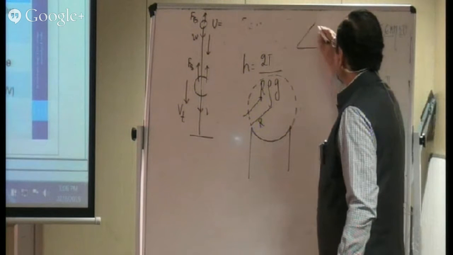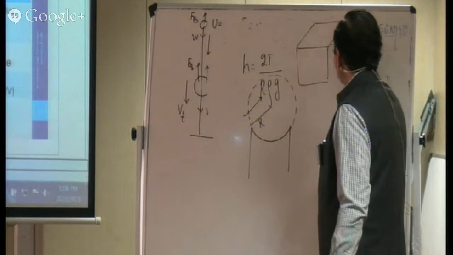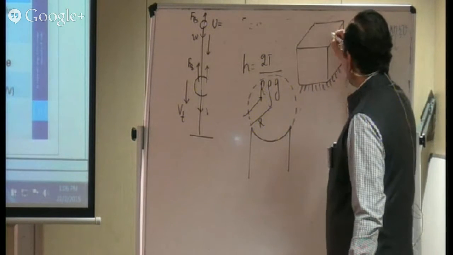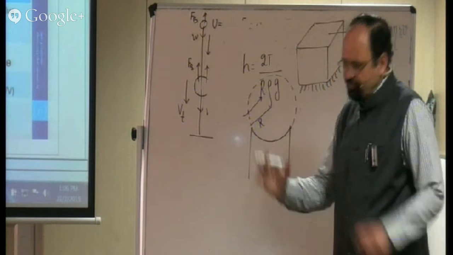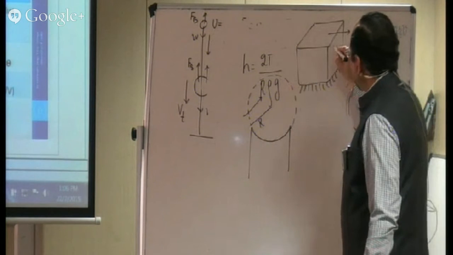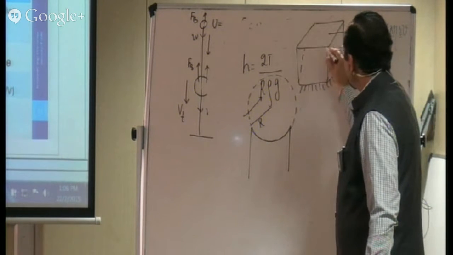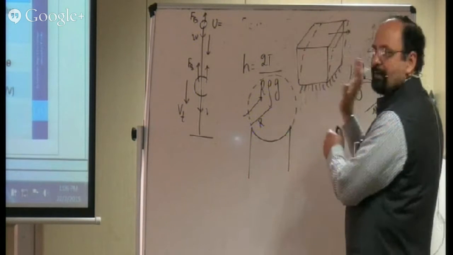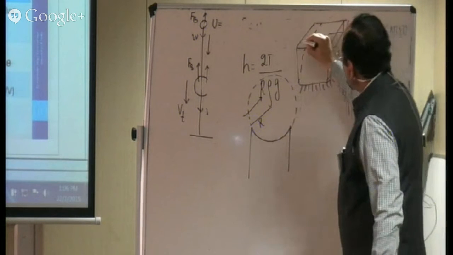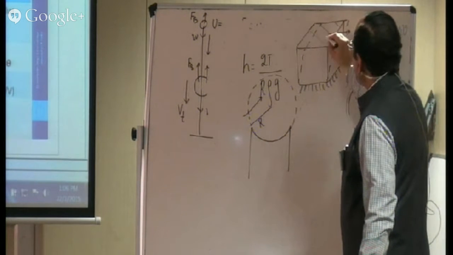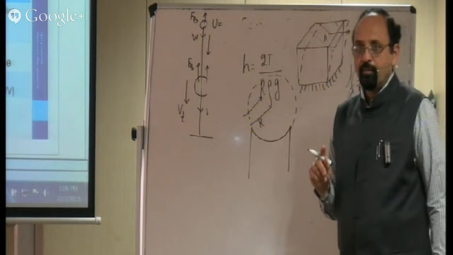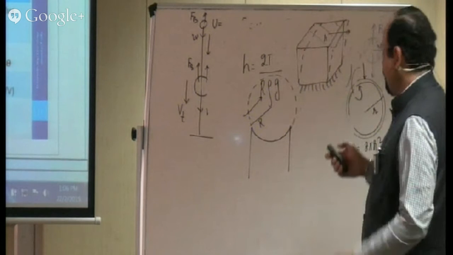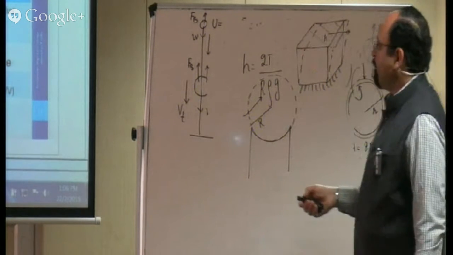If I have a cube-like structure like this, and I fix it from the bottom, and I apply the force on the surface to change the shape, I want to bend it. In that case, I'll count the area on which I have applied the force. It is not the area of cross section, right? So we have to be very careful in measuring this area and putting it in the value for A.